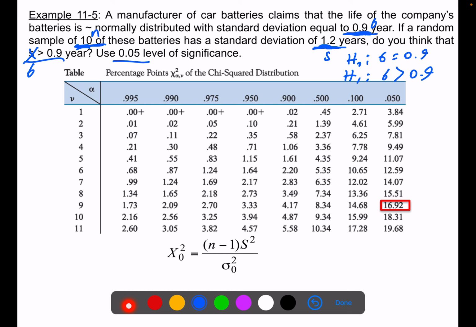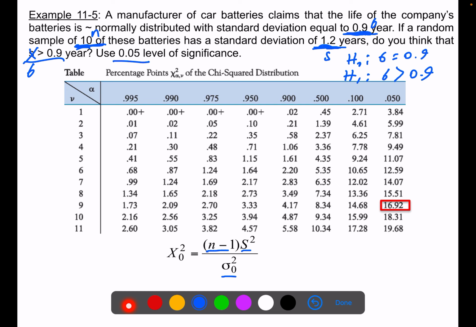So since this is about variance, it's really easy. There's only one distribution that we can use, and that's the chi-squared distribution. So our statistic is going to be n minus 1 times s squared divided by sigma 0 squared.